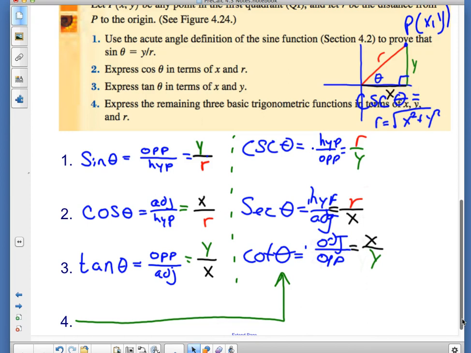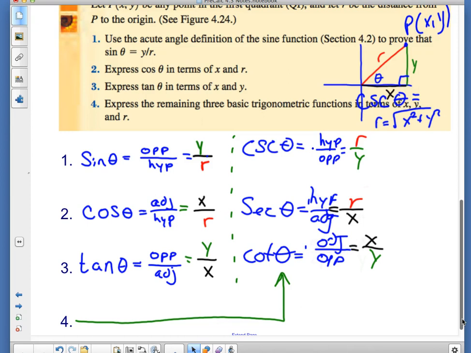Now, keep in mind, in the unit circle, r would become 1. Okay, so when I look at the sine, if r is 1, what's my answer? y. If I look at the cosine, if r is 1, what's my answer? x. So I'm saying right now, I'm going to define my cosine of theta to be my x value in the unit circle.